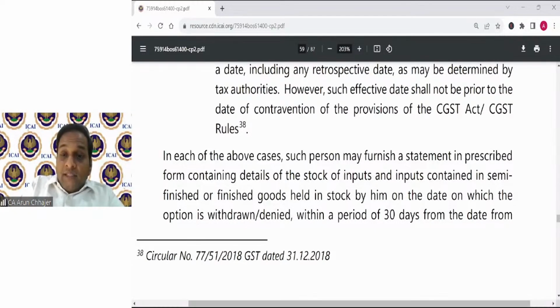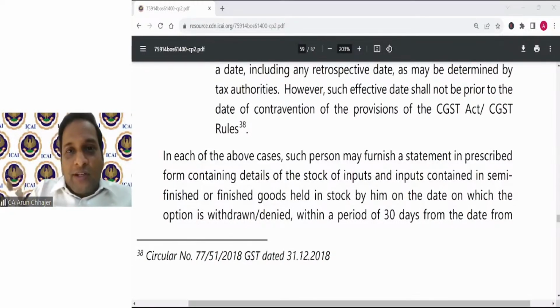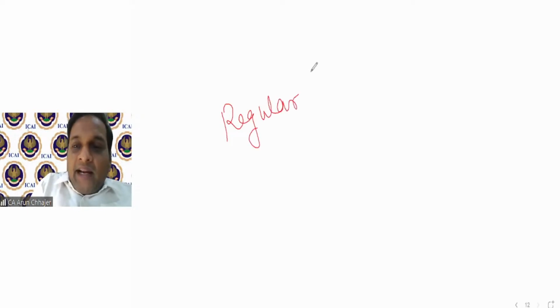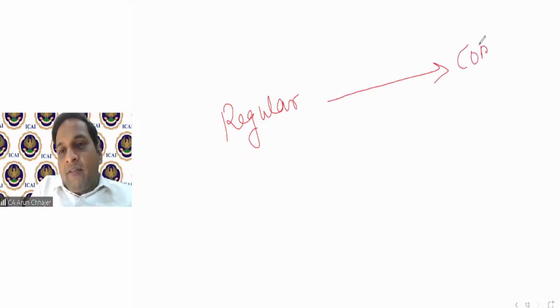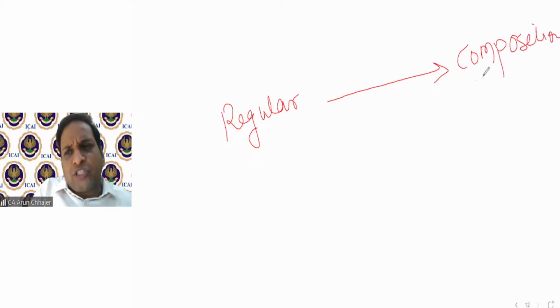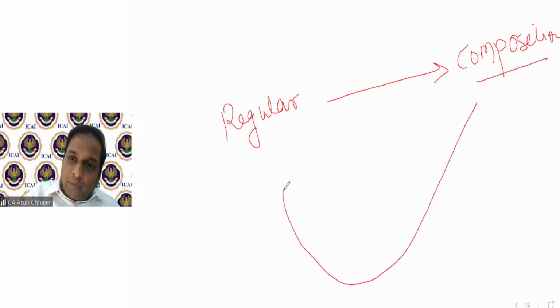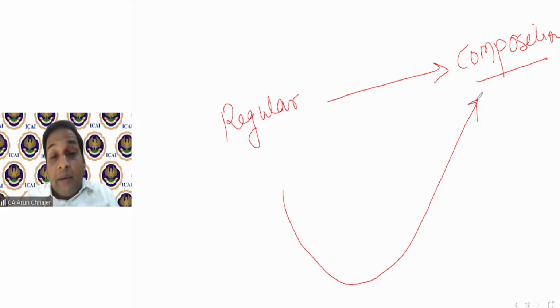Why? See, one thing you need to understand. If I am under the regular category and now I am going to the composition, will I be eligible to take the ITC or will I be ineligible to take the ITC? Only one simple question I'm asking. Converting from regular to composition, will I be eligible to take the ITC or will I become ineligible?